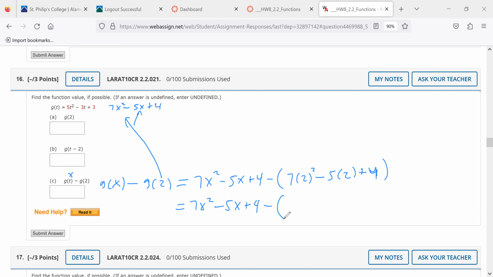And so simplify this, that'll be 4 times 7, 28, minus 10, minus 4. That'll be 14, right? That comes out. This right here is g of x minus g of 2.